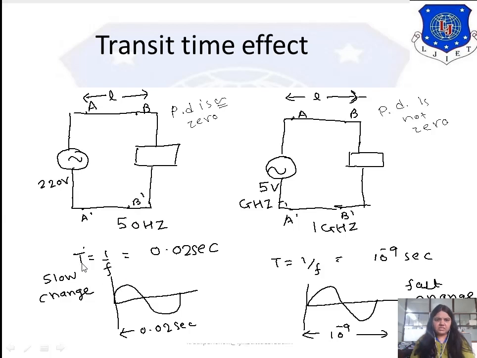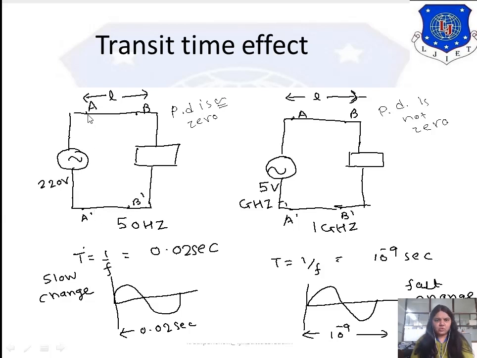To find this out, T is equal to 1 by F. F is 50 Hz, so T is equal to 0.02 second. So it is a sinusoidal wave over the time of 0.02 second. There is a slow change in the wave while the frequency is low.